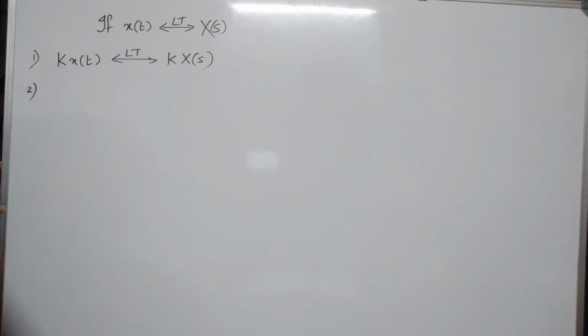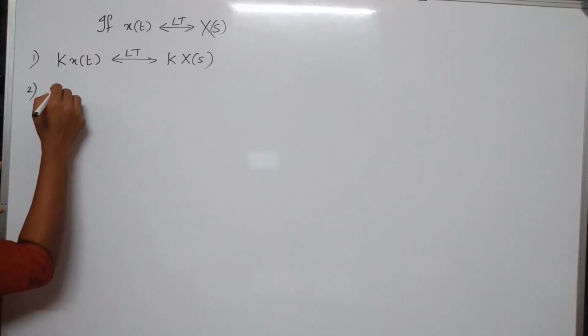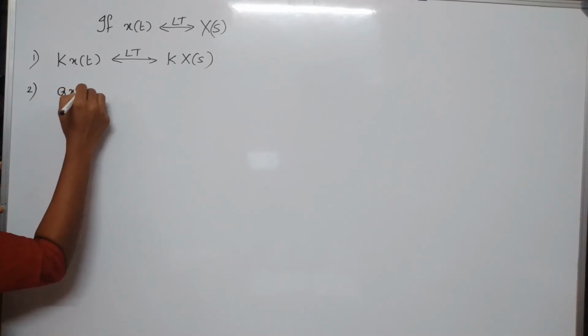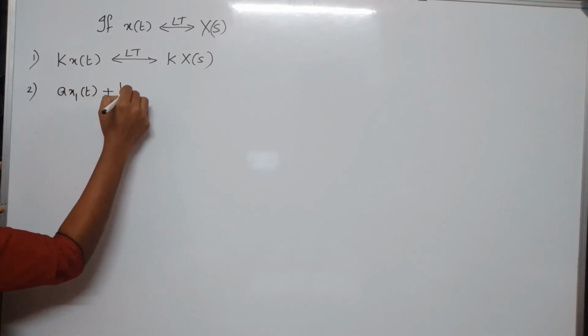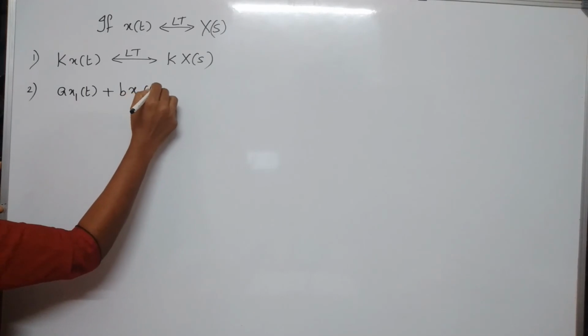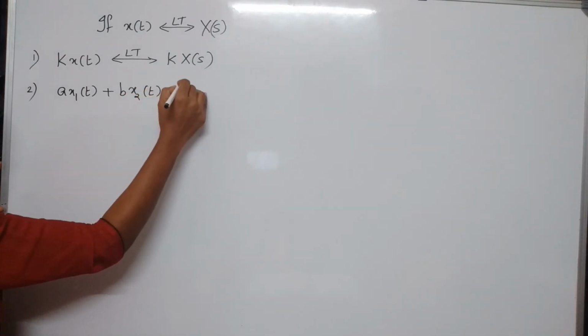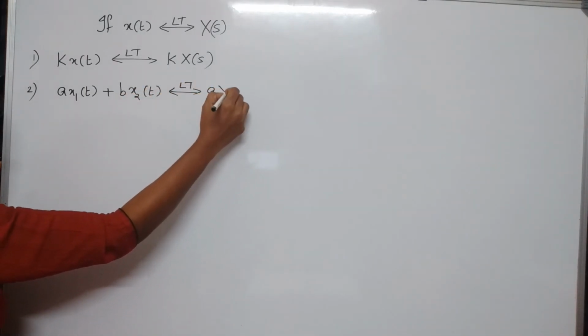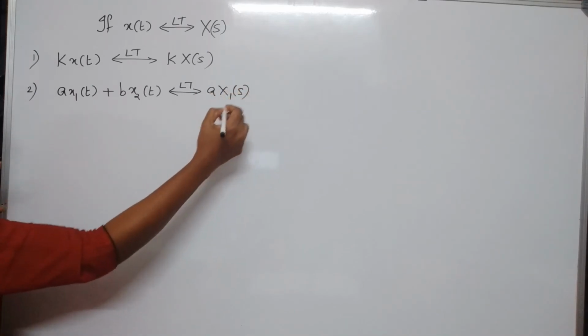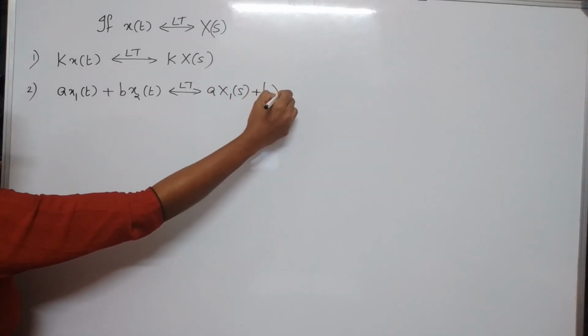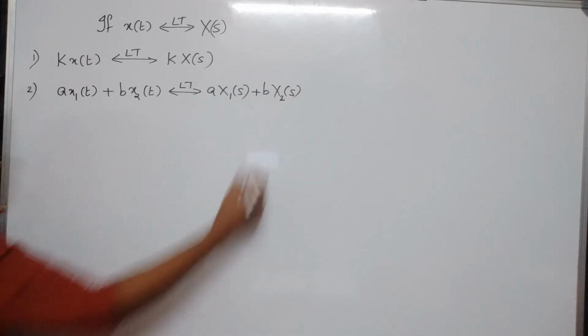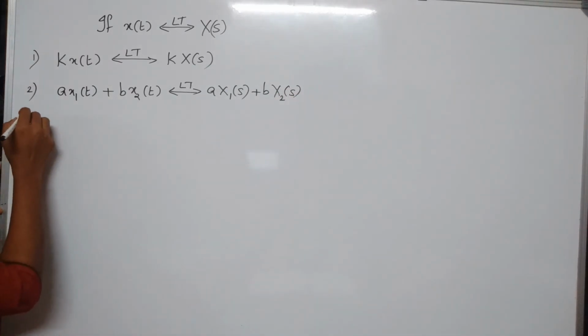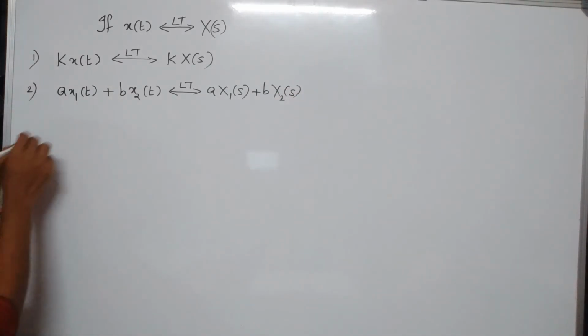The second is the linearity property: a into x1 of t plus b into x2 of t has Laplace transform a into X1 of s plus b into X2 of s. This is the linearity property.